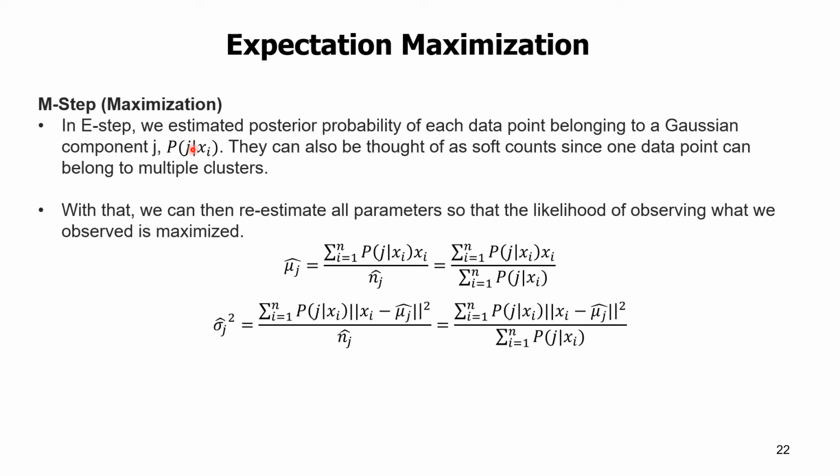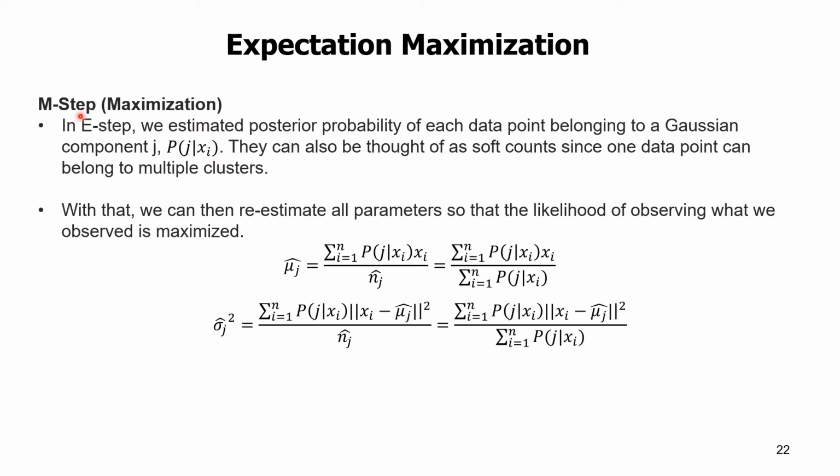So you can say either xi belongs to Gaussian j or xi belongs to cluster j. So EM is using soft clustering. That means each data point can belong to different clusters or Gaussians with different probabilities. So data xi belongs to Gaussian j with this probability. That's soft clustering.